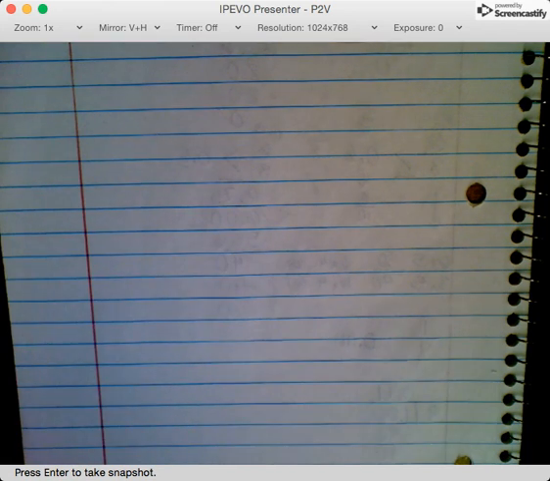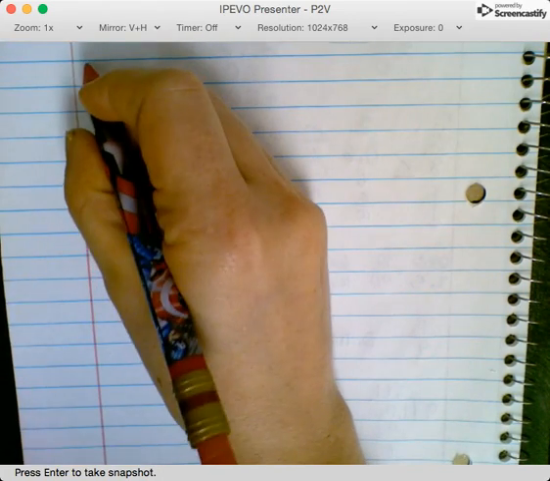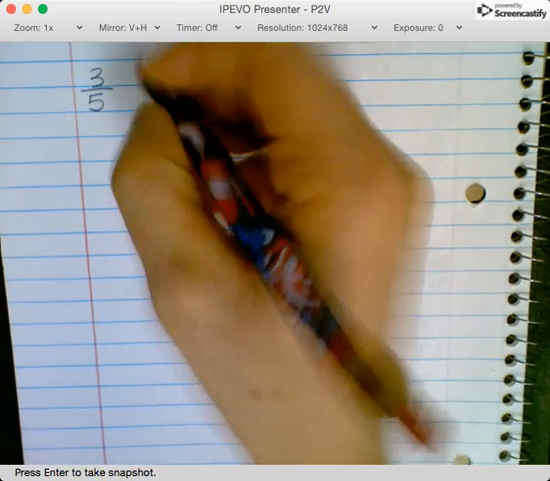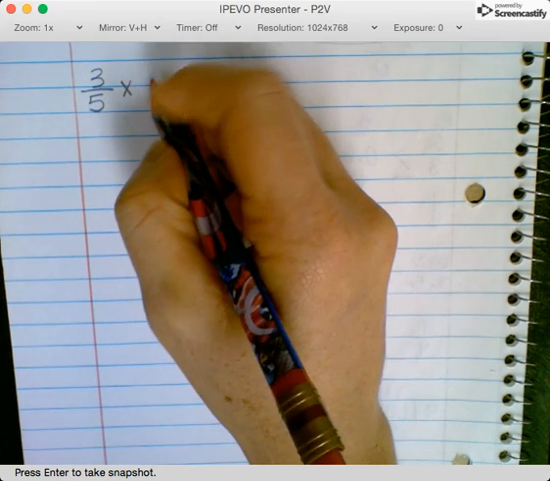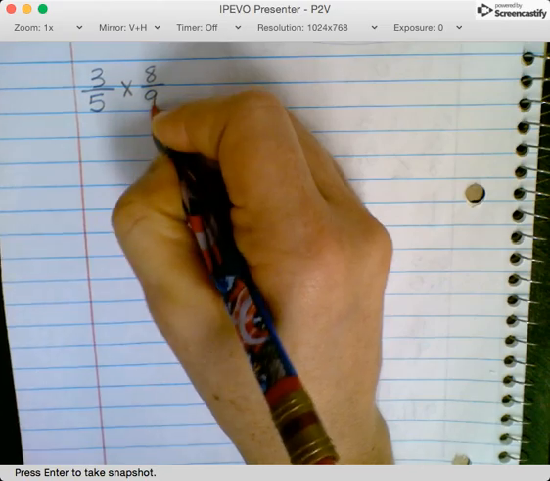Just take into account, not every time will you be able to simplify, but a lot of times you can simplify before multiplying. So for example, if I have 3/5 times 8/9.